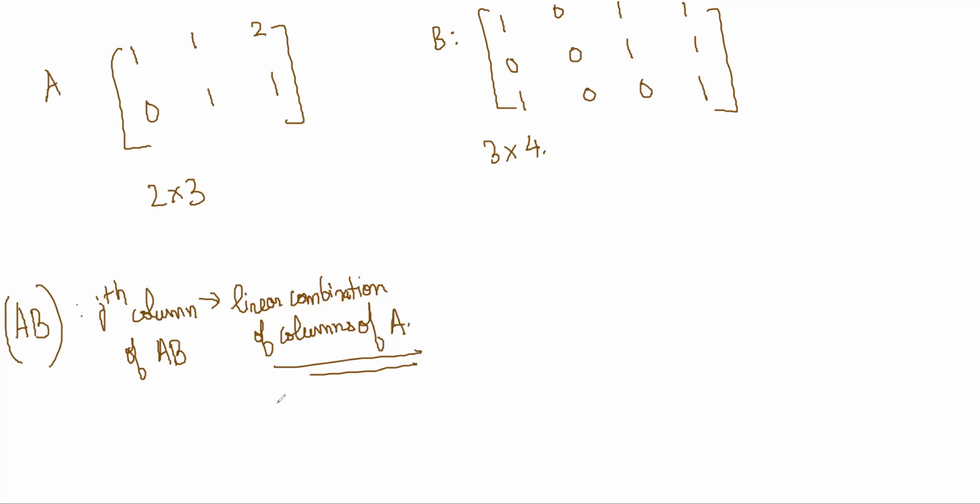The scalars will be the elements of the jth column of B, right? Yes. This was what the theorem was saying, no?